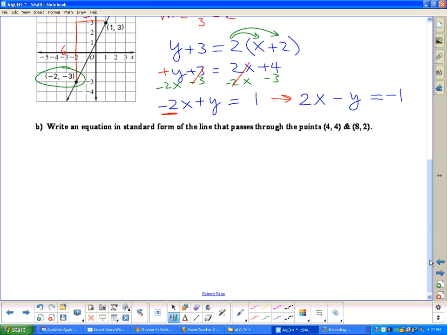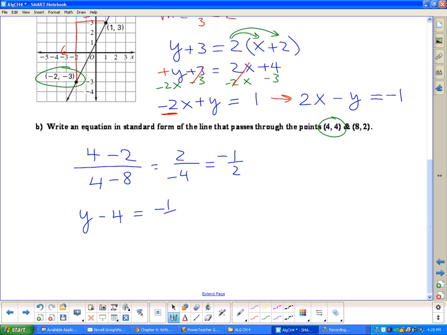So I get 4 minus 2 is 2, 4 minus 8 is -4, and that simplifies down to a -1/2. So now I'll choose y, and then I'll choose this one. Does not matter. So y minus 4 is equal to -1/2 x minus 4.